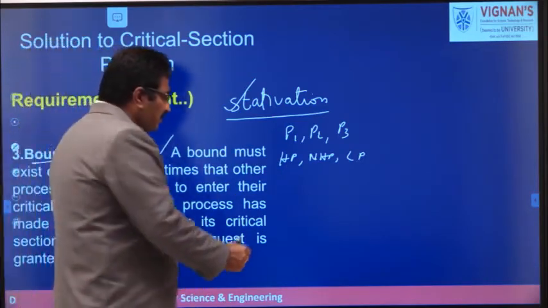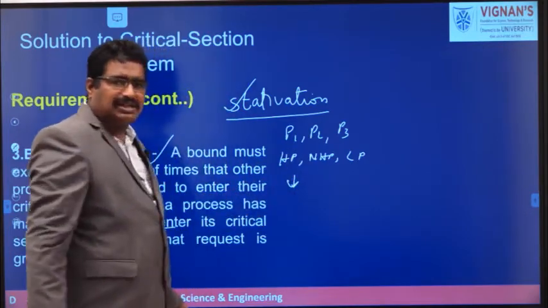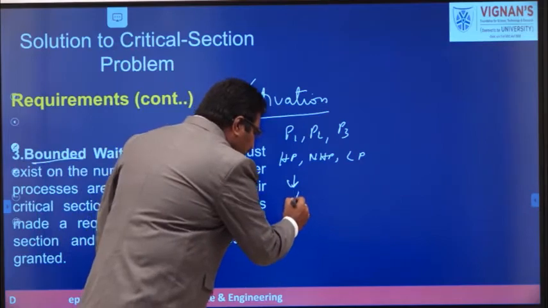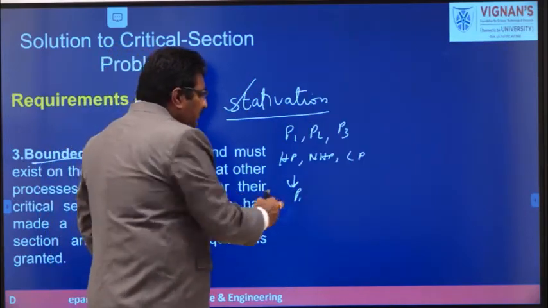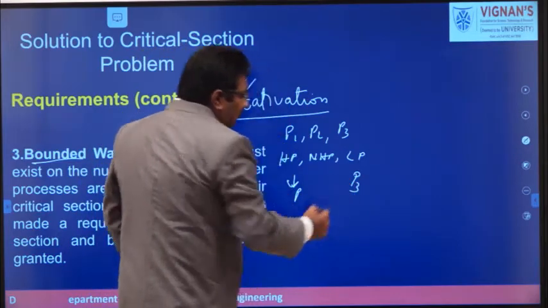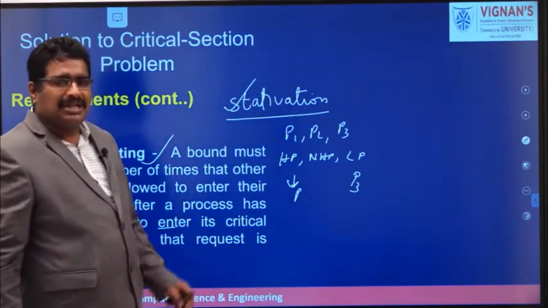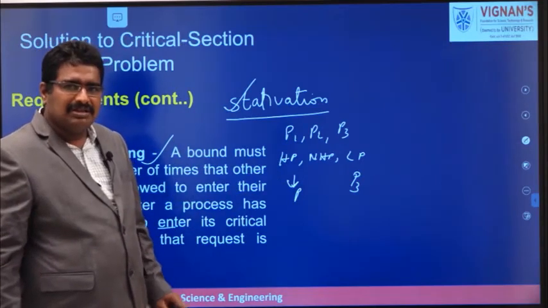For example, the P1 process wishes to enter its critical section. No process is in the critical section, so P1 is allowed to enter. At that time, the P3 process wishes to enter. Assume one algorithm that simply satisfies mutual exclusion. Does it allow the P3 process?